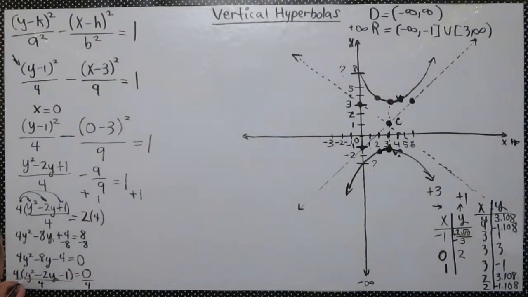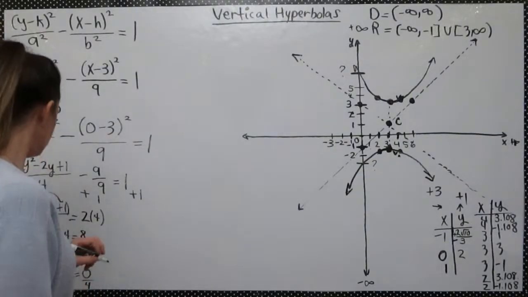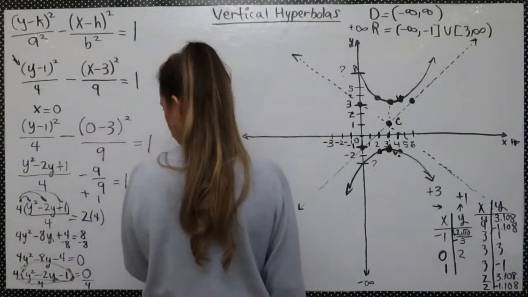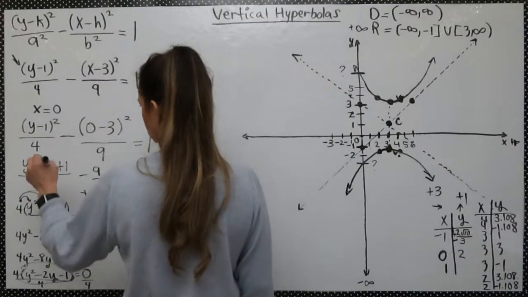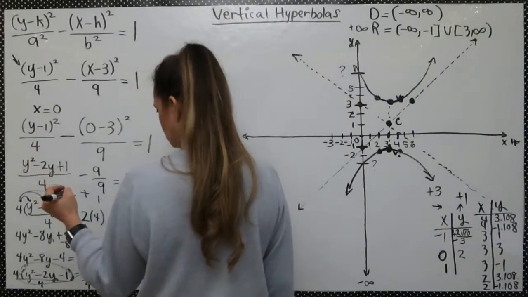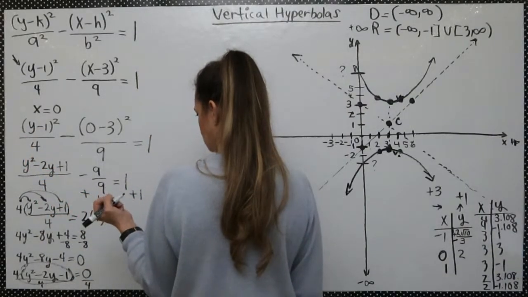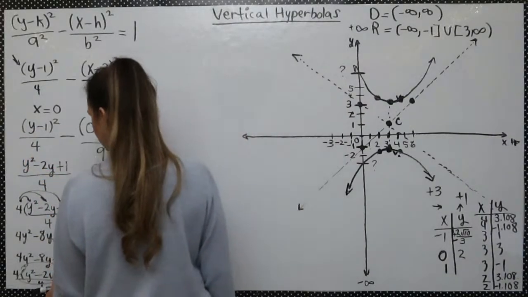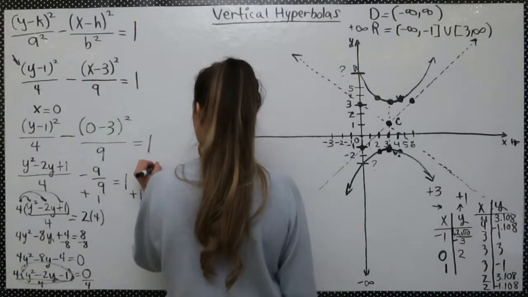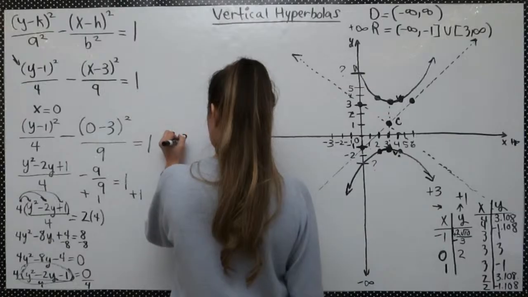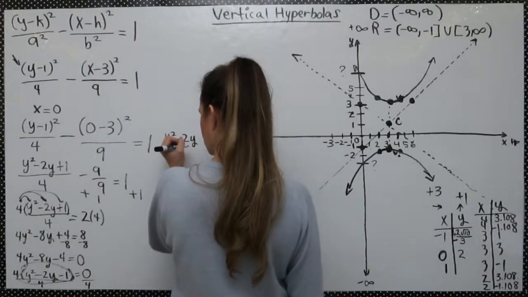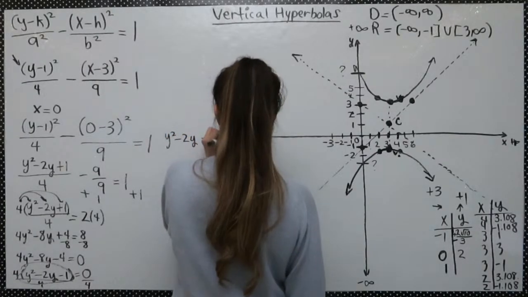So you ended up with this polynomial. Oh, minus 1, it's not plus 1. This one might not factor. So we have y squared minus 2y minus 1 equals 0.